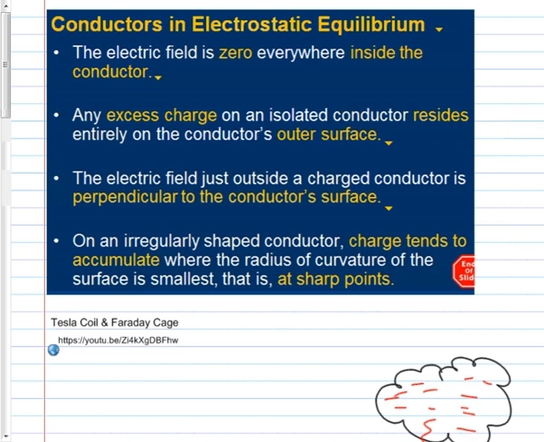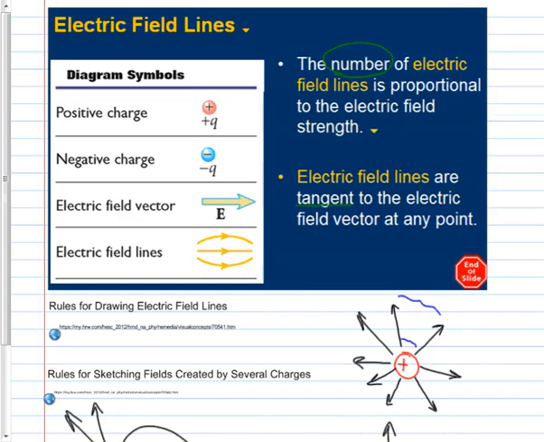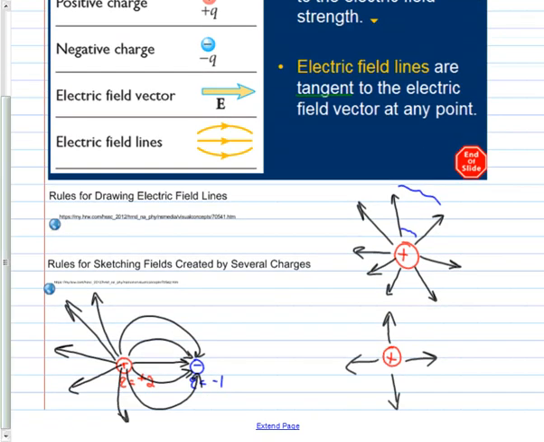The electric field just outside a charged conductor is perpendicular to the conductor's surface. If the conductor is a circle, those field lines are just going perpendicular to the surface. They're coming out just like that.